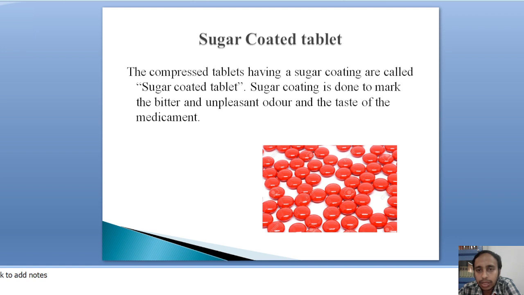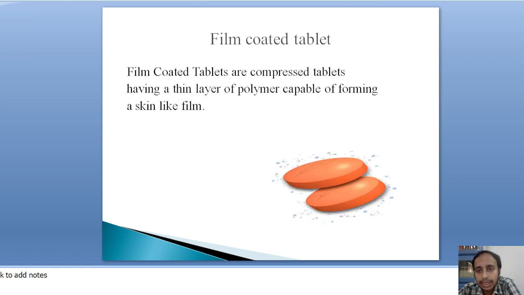Next is the sugar coated tablet. Sugar coated means the coating material is sugar. Sugar coating is done to mask the bitter and unpleasant taste of the medicament. Next is the film coated tablet. As I said, in the film coated tablet we are using polymeric solutions to coat and mask the bad odor and bitter taste of the material.